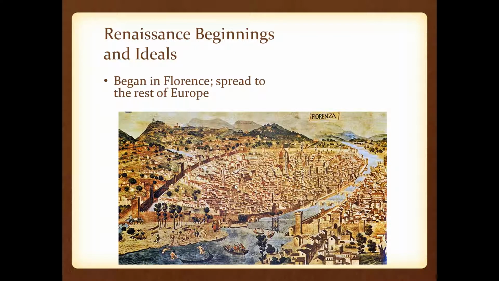So there's a lot of learning, a lot of movement of information going on through the Italian states, and the people in the Italian states are used to being the center of the world. They still have this memory of Rome, this idea that the Byzantine Empire, the Roman Empire, is still sort of connected to them.